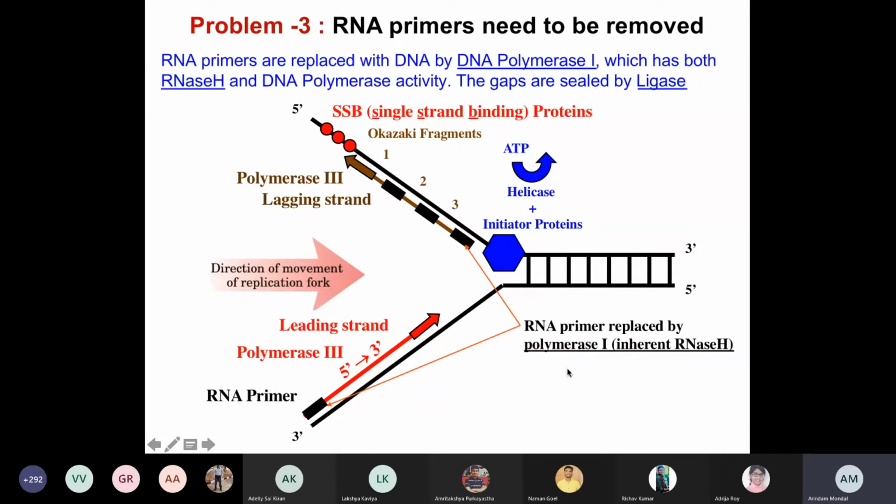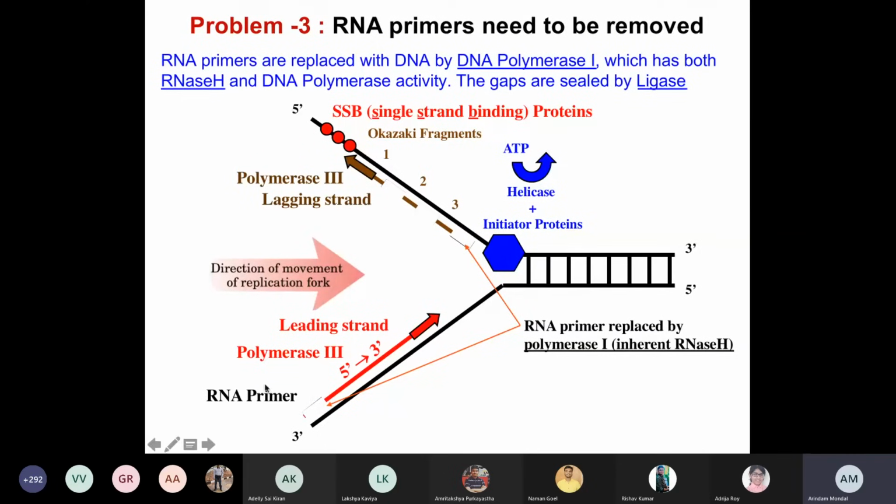So first of all, the DNA polymerase comes in and, utilizing its RNase H activity, it removes the RNA primer, or destroys the RNA primer. As a result, it introduces gaps in between the DNA fragments. Okay. Subsequently, because it's a DNA polymerase, it can synthesize the DNA.